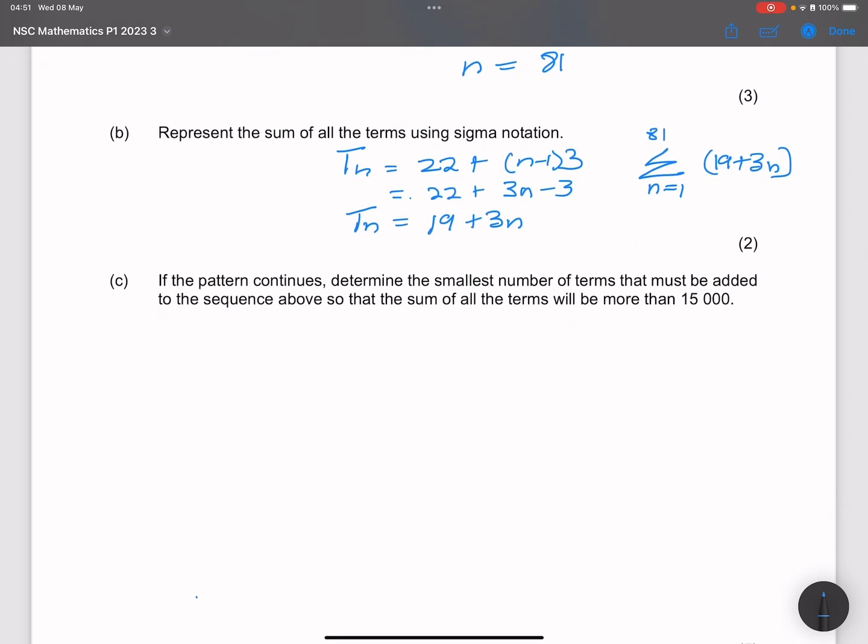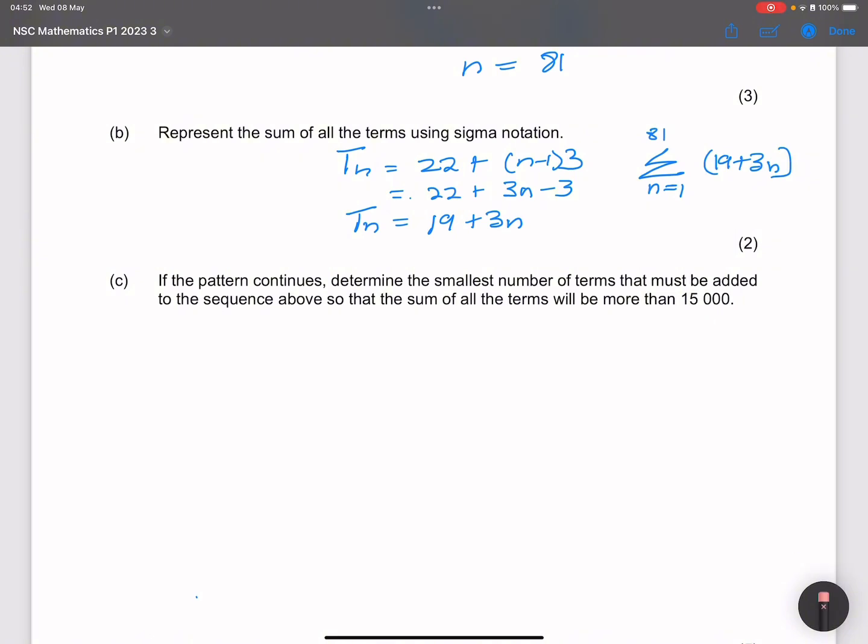Now they say if the pattern continues, determine the smallest number of terms that must be added to the sequence above so that the sum of all terms will be more than 15,000. Okay, so remember we already have till 81 terms. So we want to know how many more must we add so that the sum will give us something greater than 15,000.